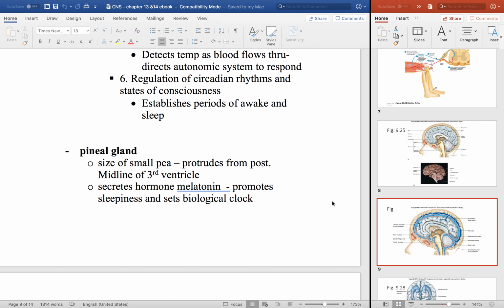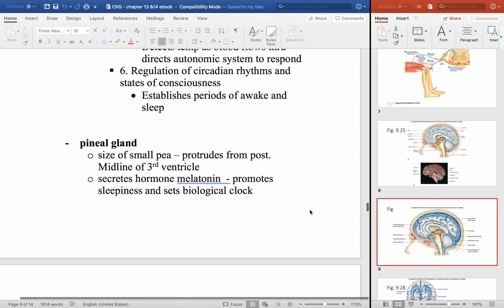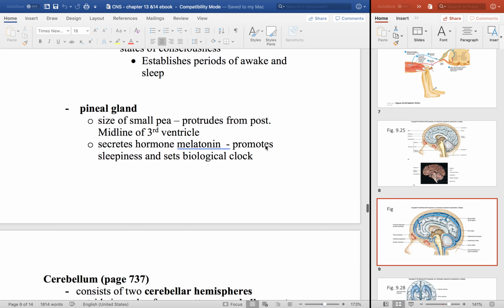But it actually secretes melatonin. Now, y'all have probably heard about melatonin because a lot of people take melatonin supplements to promote sleepiness. And it sort of sets our biological clock. It's interesting to note that melatonin secretion is disturbed by blue light put out by certain devices.